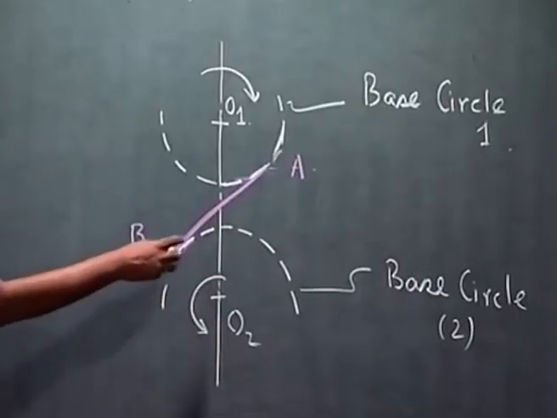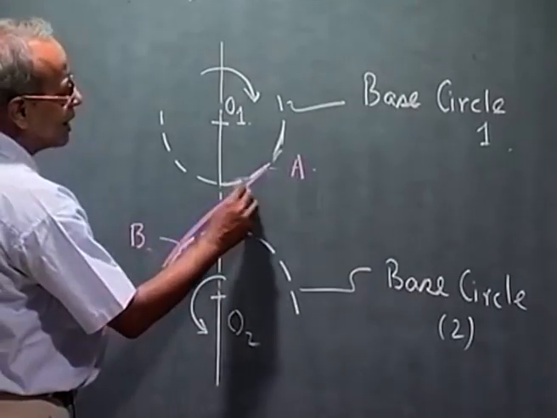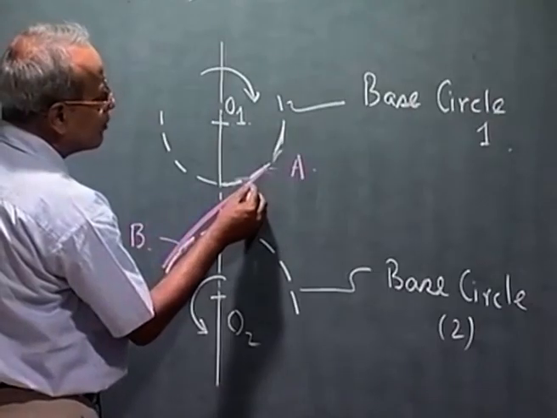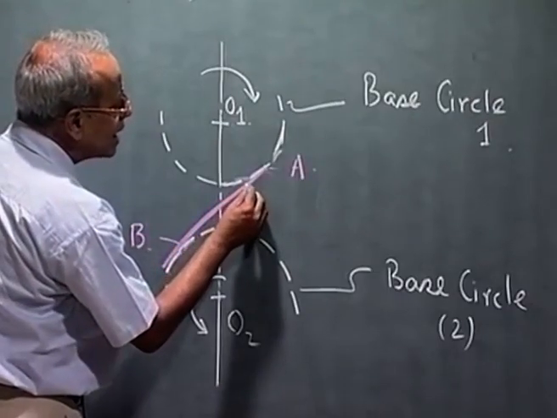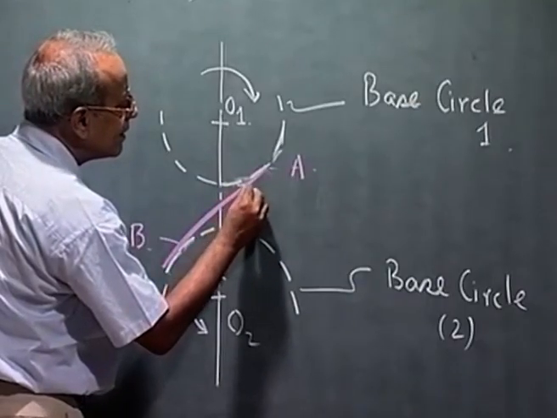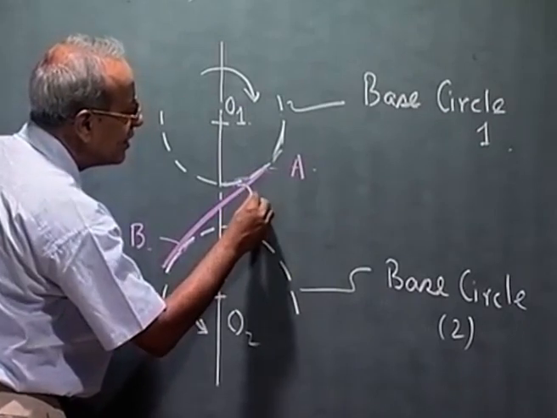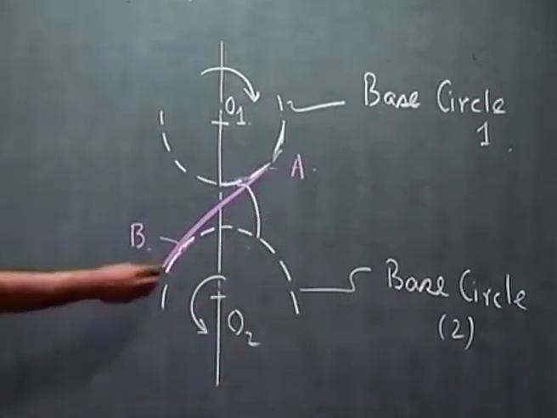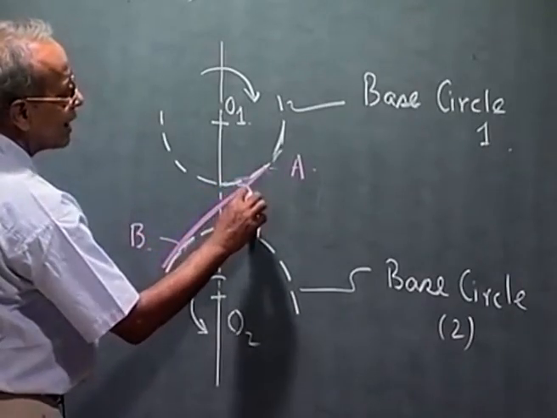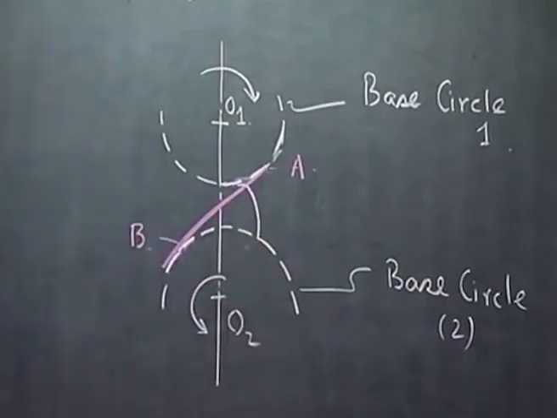So, if we consider a tooth on this gear, it first comes into engagement at its outer circle, or the addendum circle, and because the contact point must lie on this line, when the addendum circle comes here in contact with this line AB, that is where the contact starts on this face of the gear tooth. This is one gear tooth.